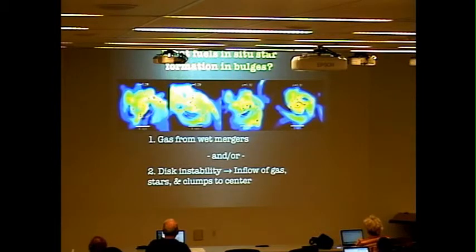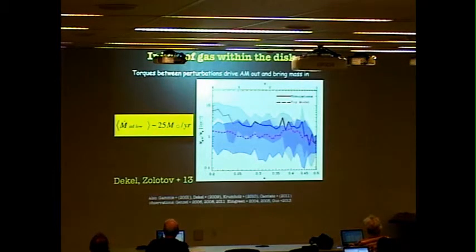And there's obviously two obvious ways you can bring in all this gas to the central regions of these galaxies. And one is from wet mergers, and the other is from disk instability. And so what happens is when you have a highly perturbed disk, which has these extended transient features and giant clumps, you have perturbations which drive out the angular momentum, and that brings mass inflow in.